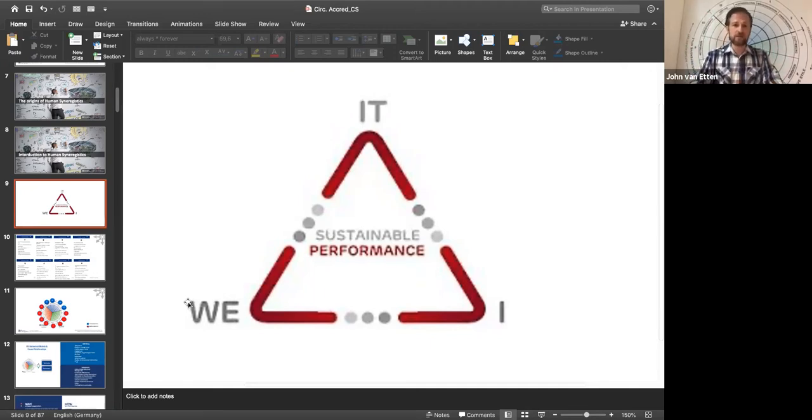Then the way this is bridged is to bridge those three points, the I, we, and it, to the circumplex model. What you really find is that the I is essentially represented by self-actualization, the 12 o'clock position. The we is represented by both humanistic-encouraging and affiliative behaviors.